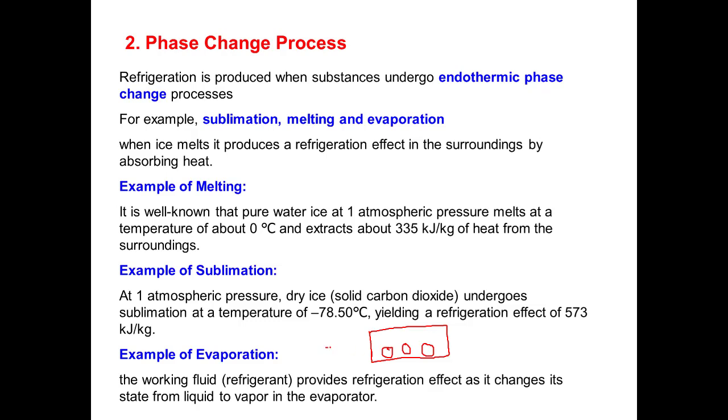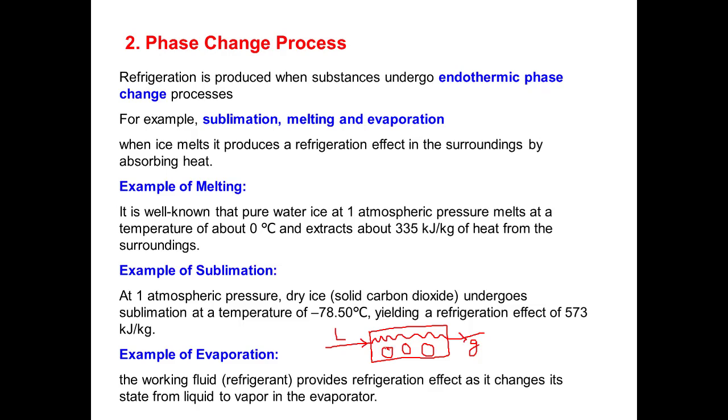Basically, the refrigerant enters the evaporator in liquid form. Through the tubing it moves into the evaporator, and when it leaves the evaporator, the refrigerant has changed from liquid into vapor or gaseous phase, but the temperature remains constant.